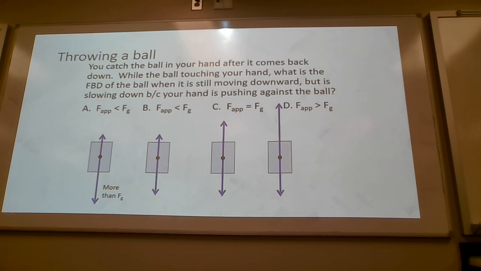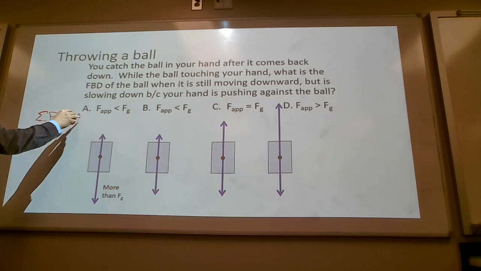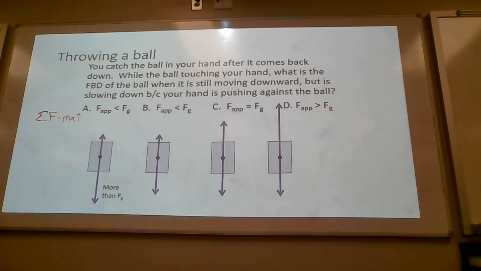Slowing down while moving downward, the direction of acceleration is the opposite direction of velocity, up. You follow that? So if the direction of acceleration is upward, the direction of the net force that caused that also has to be upward.